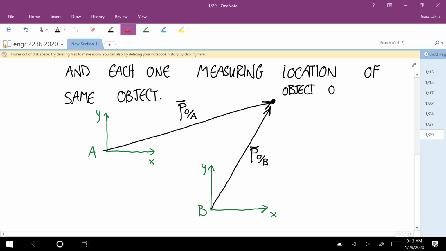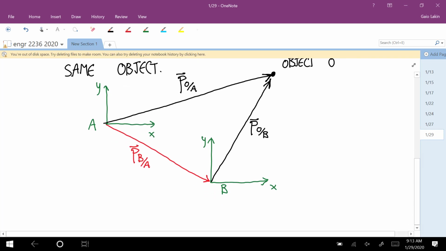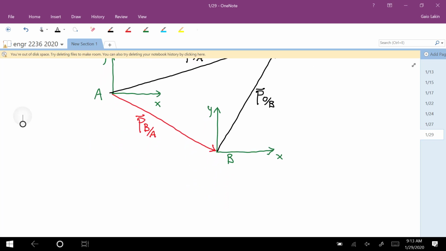So this vector here is the position of B relative to A. And the notation, before I talk about these relationships: if I say the position of, say, A relative to B, that's not just referring to this A and B, but that's generally what this subscript means.